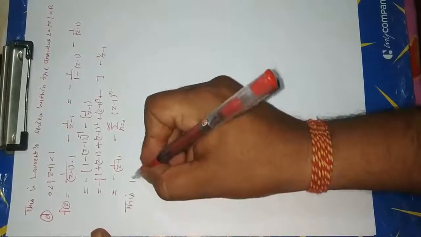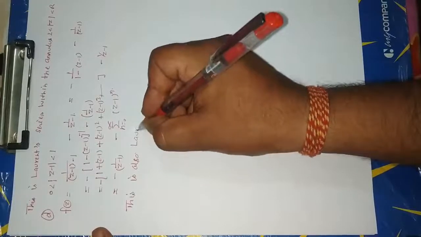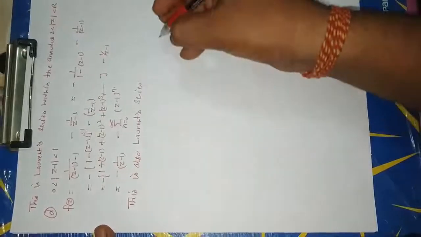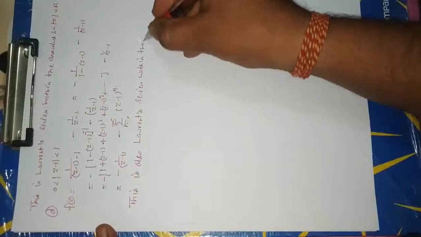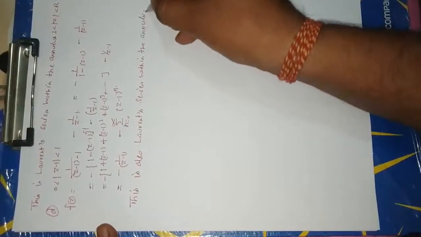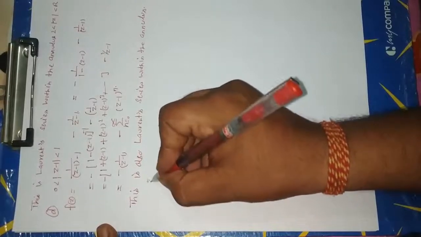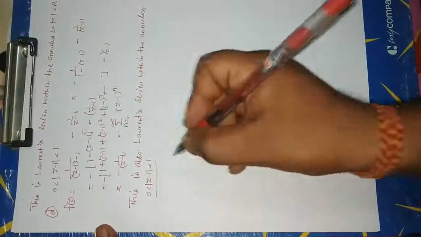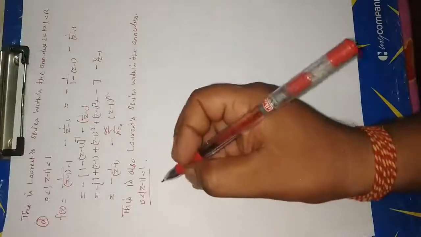This is also a Laurent series within the annulus 0 < |z − 1| < 1. Okay, student. Next, question number 2.